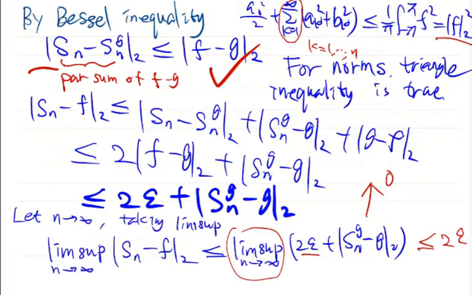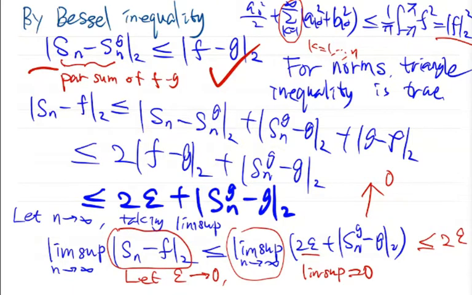This is true for every epsilon, so let epsilon go to 0. You obtain that the limit supremum is 0. For a non-negative sequence, its limit supremum being 0 implies that it converges to 0. So we conclude that the L2 norm of Sn f minus f goes to 0. But this is equivalent to the Parseval identity.